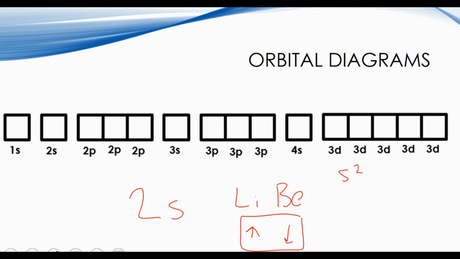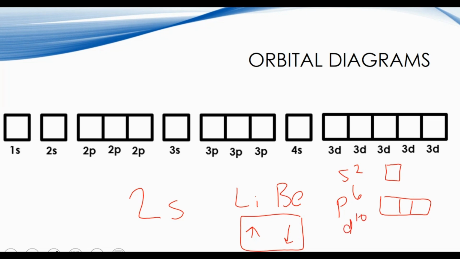So remember, any s sublevel can have a maximum of 2 electrons. That means that any s sublevel will have only 1 orbital. But if you remember, the p sublevel can have 6. So if we are fitting 2 electrons in each of these orbitals, then we're going to have a total of 3 orbitals. And if you look at the d sublevel, you will see that it can have up to 10.